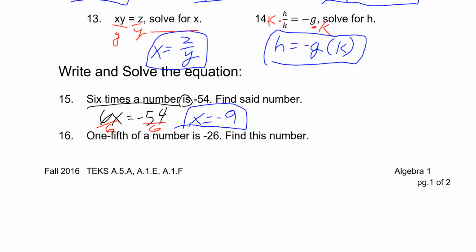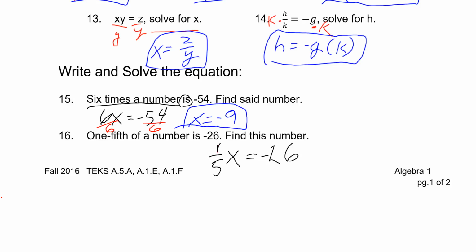Alright, so now number 16, we got 1/5 of a number is negative 26. Let's do it in black, just like we've been doing. So 1 over 5 x. So 1/5 of a number is negative 26.